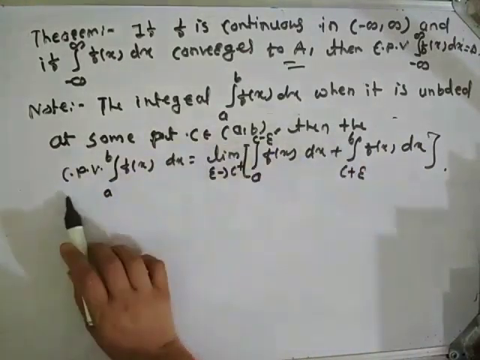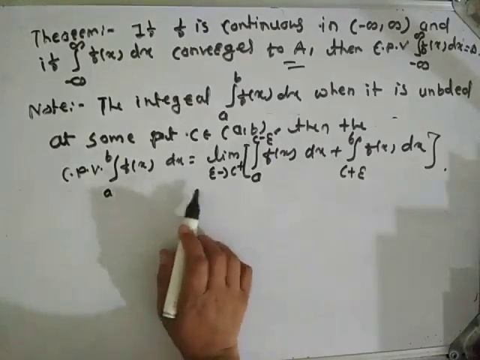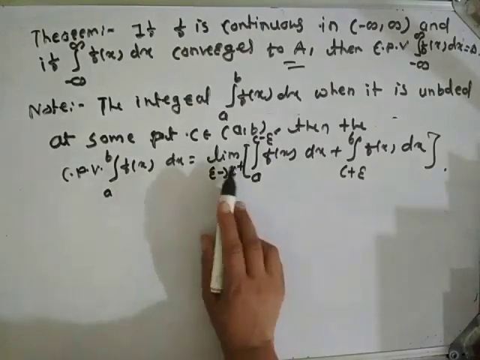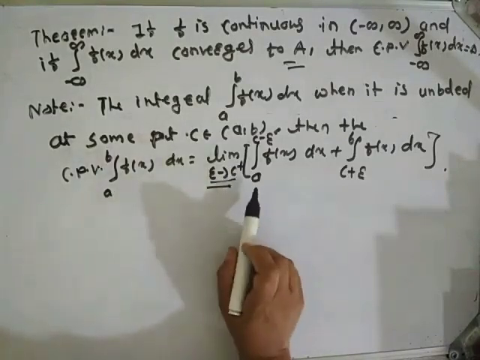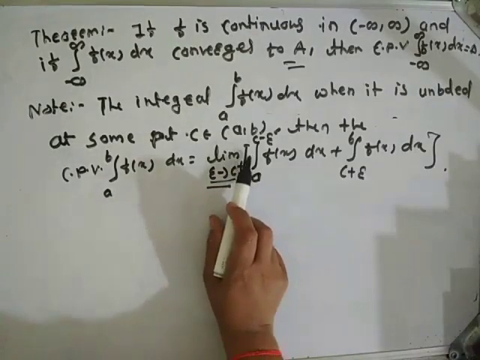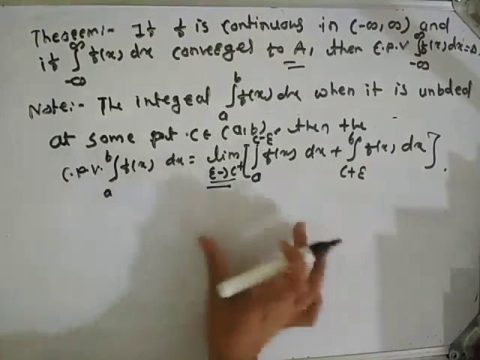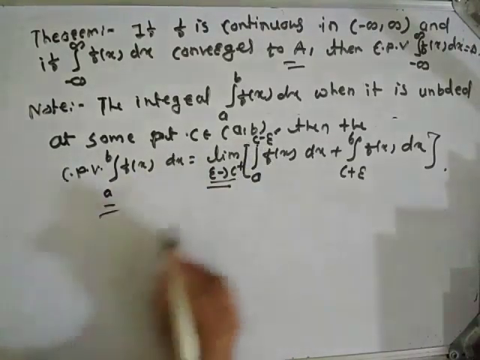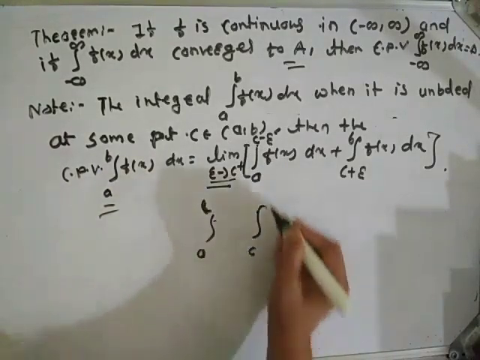See here, students, when your integral is unbounded at some point which belongs to open interval ab, at that time CPV of integral f of x dx is equal to limit epsilon tends to c plus integration from a to c minus epsilon. Means first of all you have to break this integral from a to c to b.